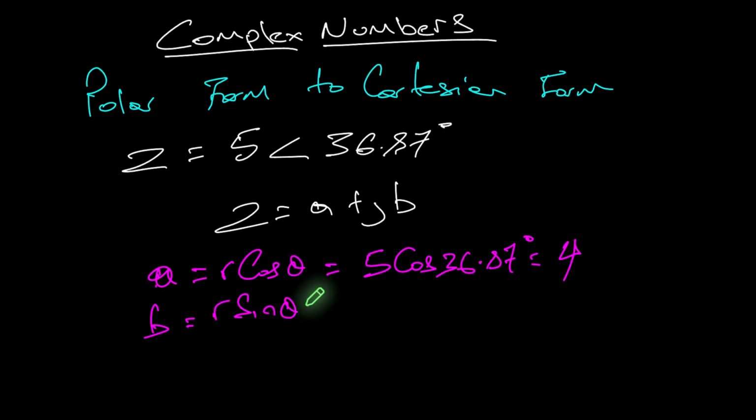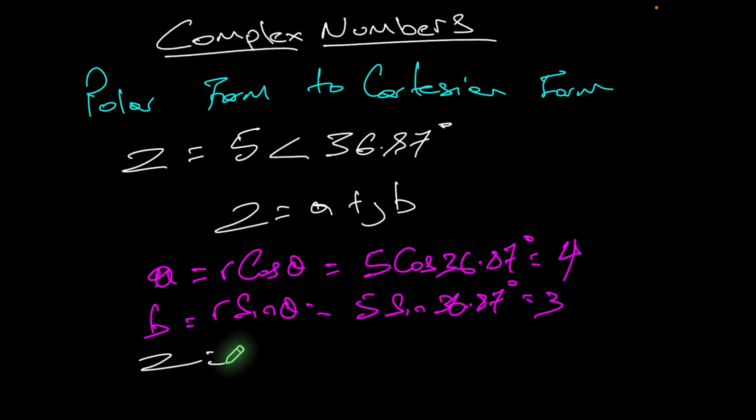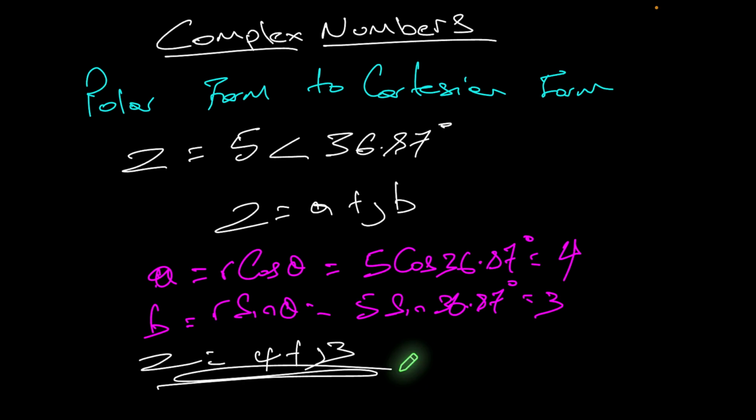So r sin angle, and again that would just be 5 sin 36.87 degrees, and what we would expect to get here again is around 3. All we'd need to do now is put this together. So what that would look like is z equals a, which is 4, plus j3. And that would be us being in Cartesian format.